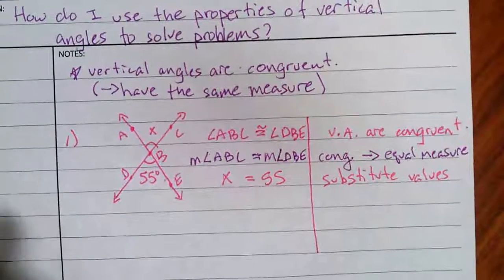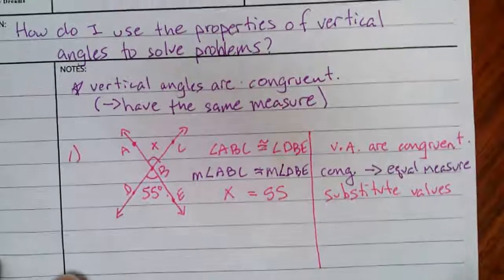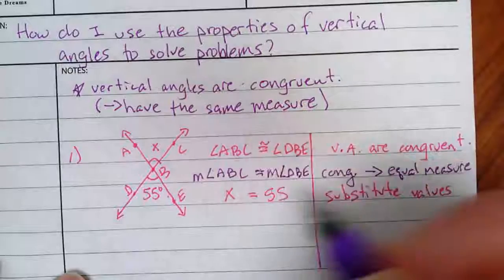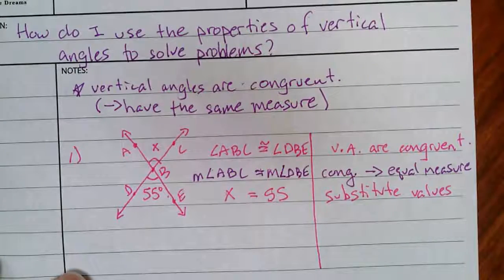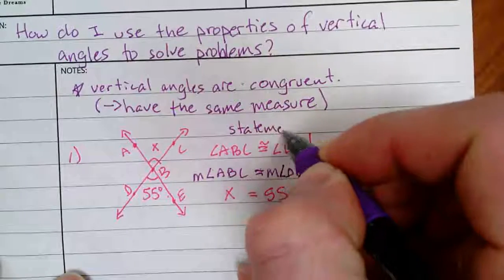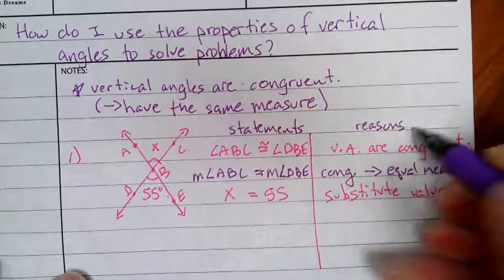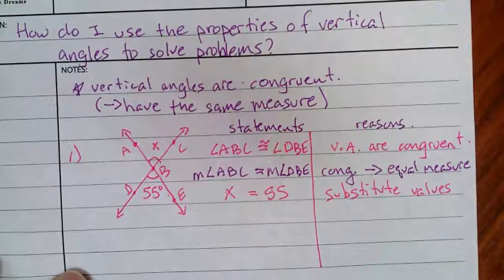Now I know this looks like I'm doing way more work than I need to, and if you're just solving a problem, yeah, that's really all you have to do. You just look at it and you say, well, X is 55. I wouldn't waste all my time doing this. But I'm writing this out this way because this is sort of a bit of a proof. We have a list of statements, and over here we have our reasons for making those statements. We're going to start doing a little more proofs soon, and I just kind of wanted to give you a little example of that.